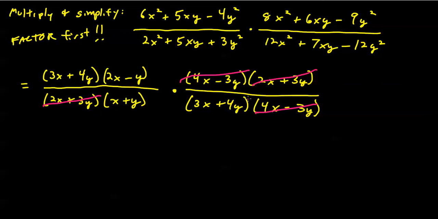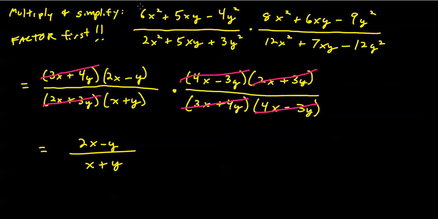What's left? Well, let's see. 3x plus 4y will cancel out with this 3x plus 4y. And nothing else cross cancels, so I'm going to be left with the final expression 2x minus y divided by x plus y.